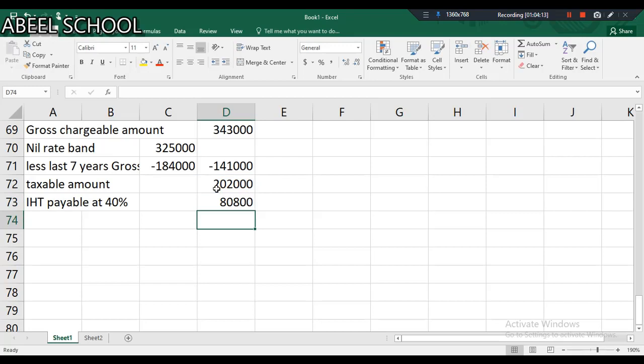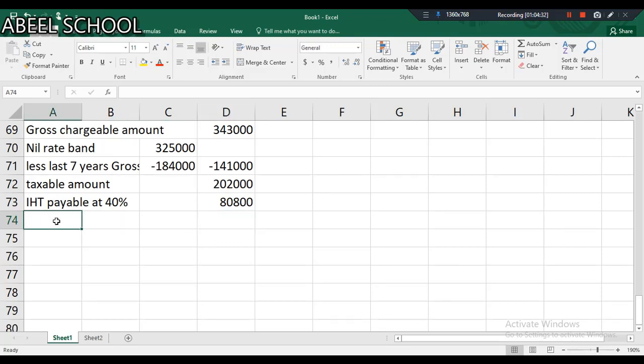Okay, now if simply Ziti dies within 3 years of making the gift, then obviously taper relief is not available. But we are just assuming if Ziti dies within 4 to 5 years, then taper relief of 40% will be available. Obviously, these are all assumptions.